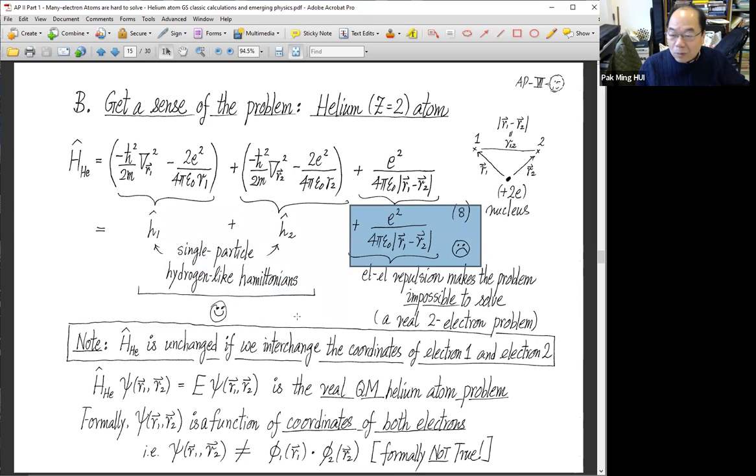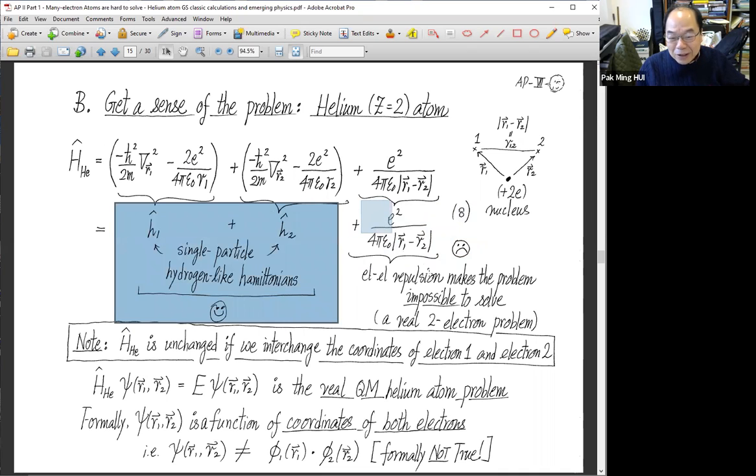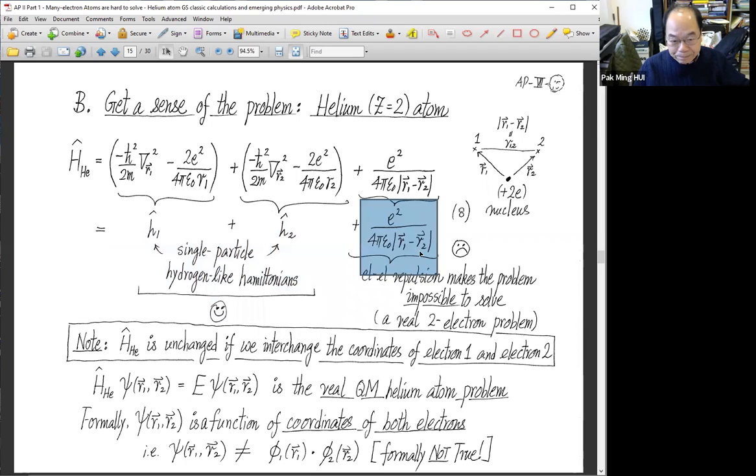So what comes to your mind? We can take this as the unperturbed problem and then do this in first order perturbation. That is at least the first thing that should come to your mind, right? And we will do that. But for the moment, let's try something dirty.